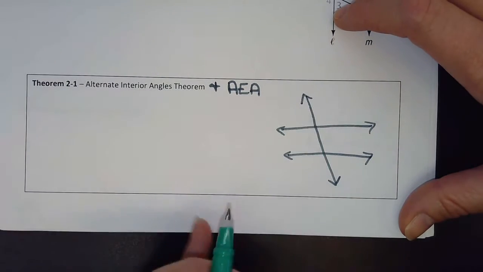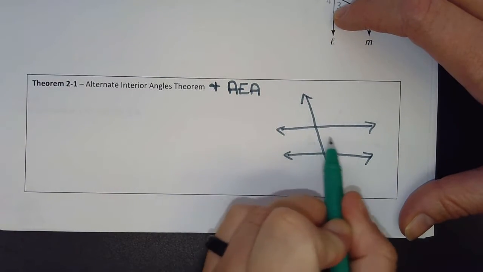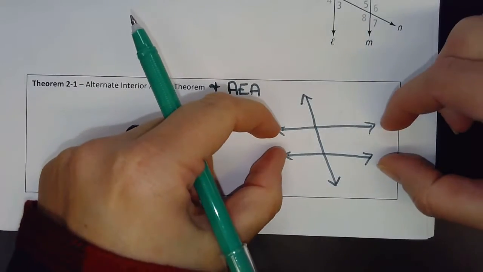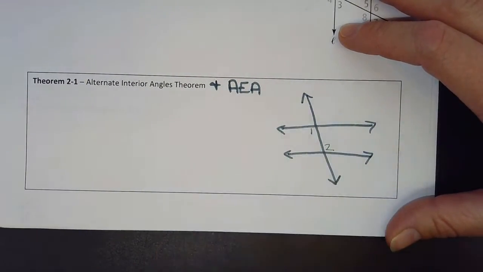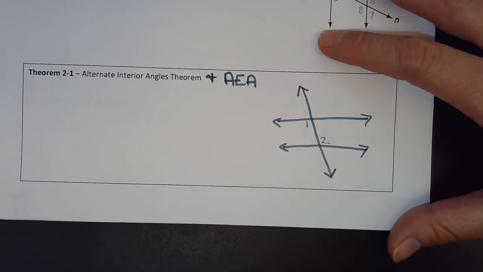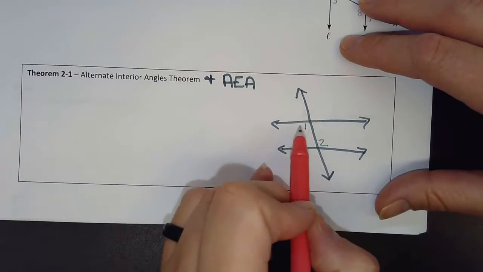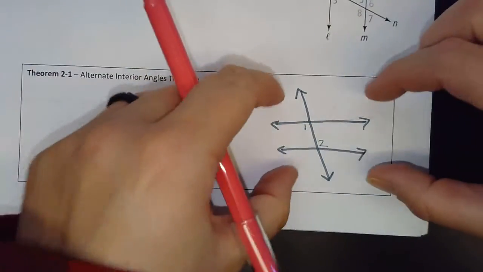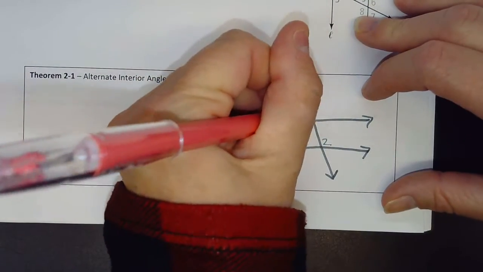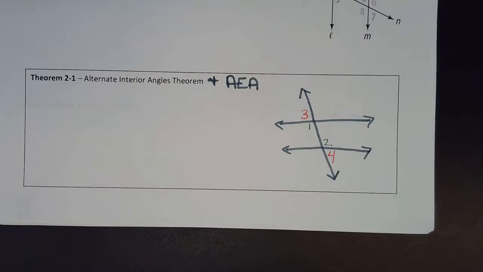Alternate interiors mean that they're on alternate or opposite sides of the transversal, but on the interior of your parallel lines. So it'd be like angle 1 and 2 here. Alternate exteriors, again, they're on alternate sides, but they're on the exterior of your parallel lines. So it'd be like 3 and 4. There's another couple of pairs of those too, but we're just going to stick with those.